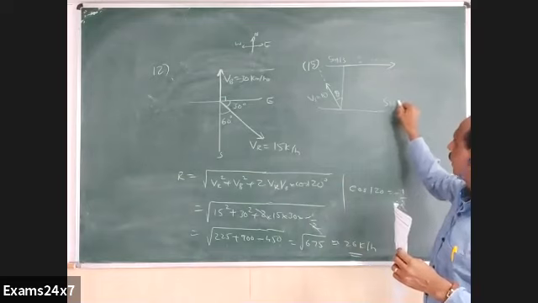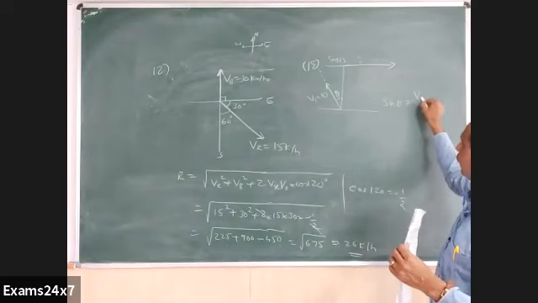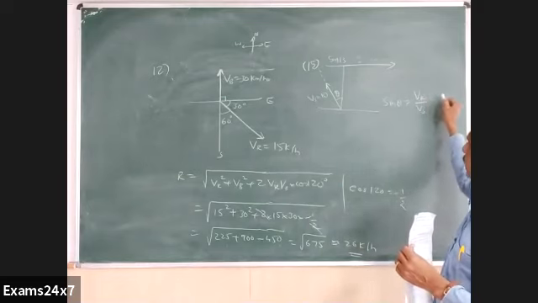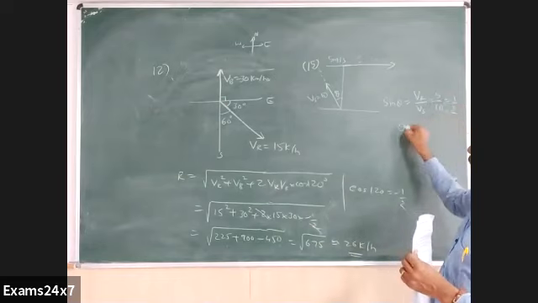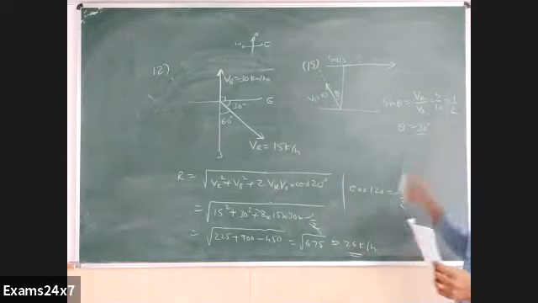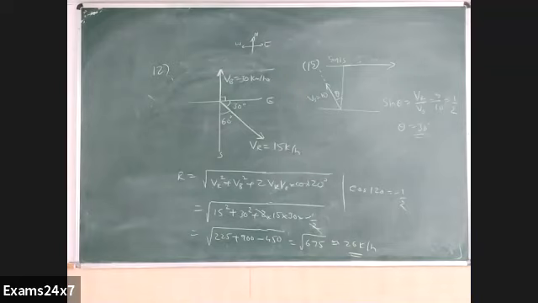So sin theta should be V of river by V of swimmer, that is 5 by 10, half, or theta must be equal to 30 degree here. So he has to swim at an angle of 30 degree with the vertical in order to travel along the shortest path.